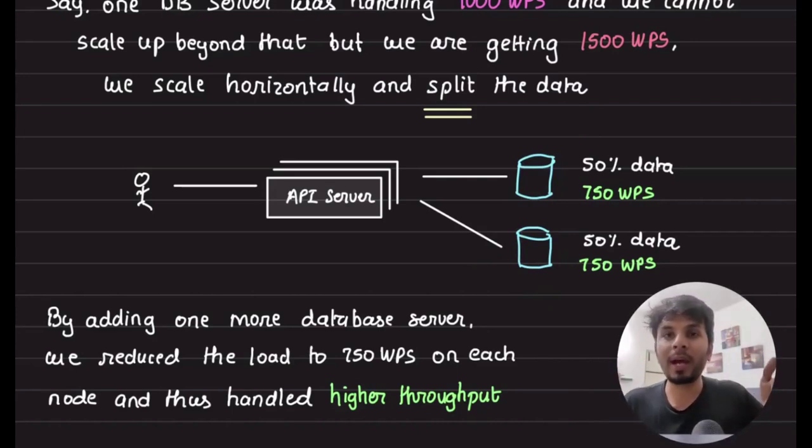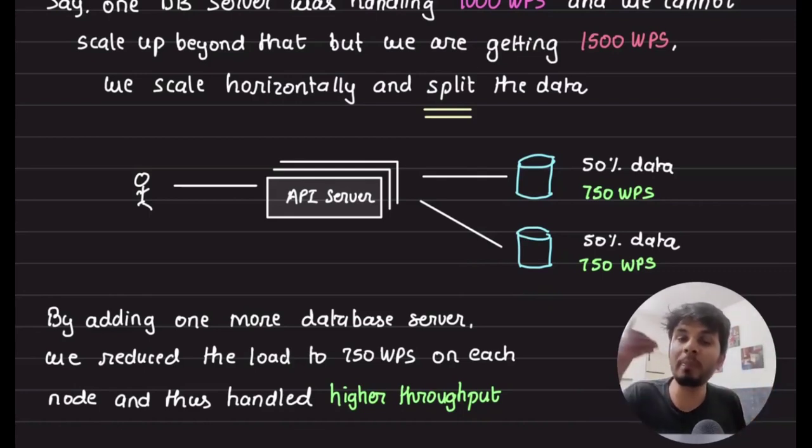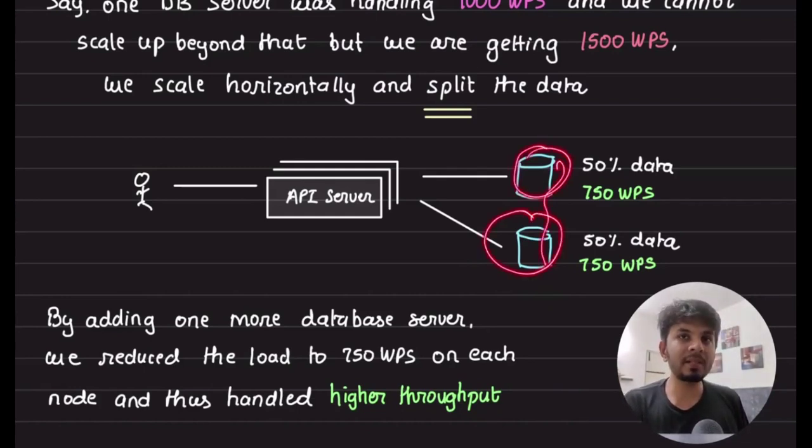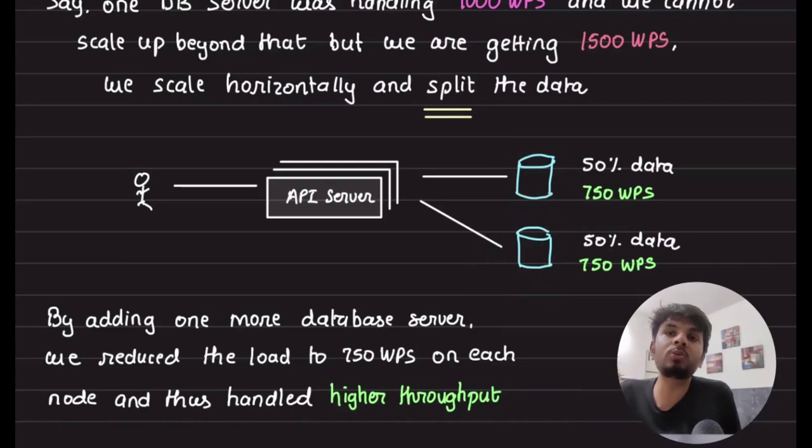You are now able to handle more requests than you could with vertical scaling. With vertical scaling, you could handle a max of 1000, but now because you split the data two ways, you are able to handle 1500, and it can go beyond, up to 2000, because each database has a limit of 1000 writes per second. You have two databases, so the total number of requests you can handle is 2000 writes per second.